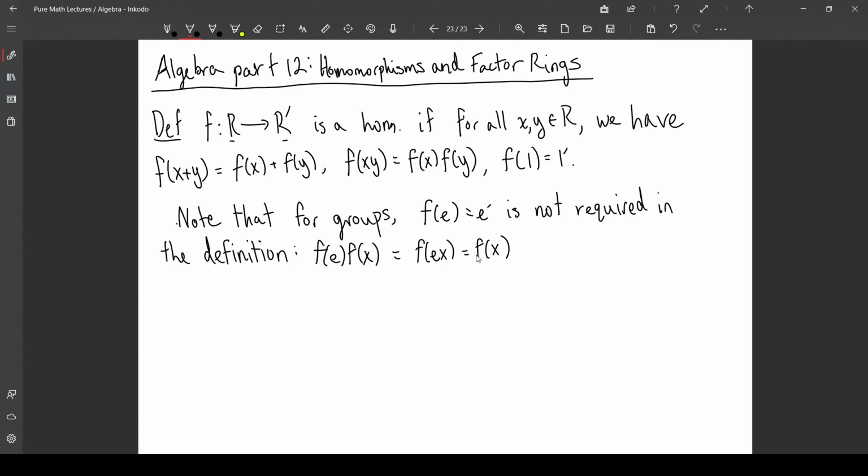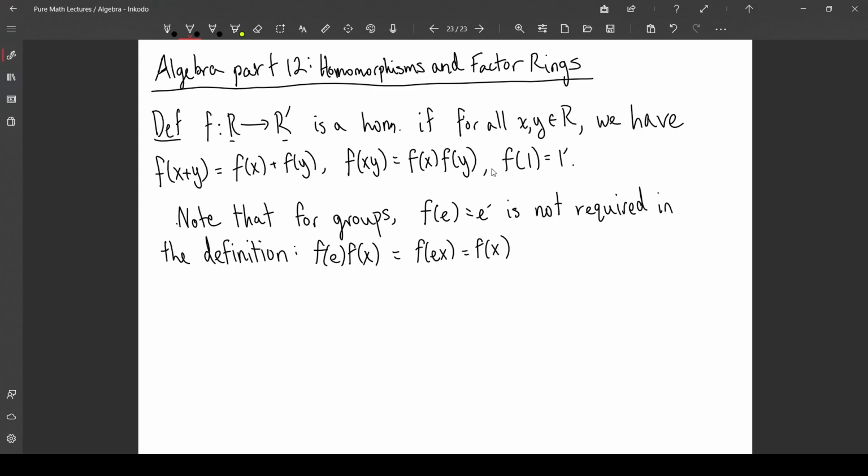However, in rings, we don't necessarily know that, or in most cases we don't have that every element here is invertible, right? That would only be the case for fields, and of course for non-zero elements.